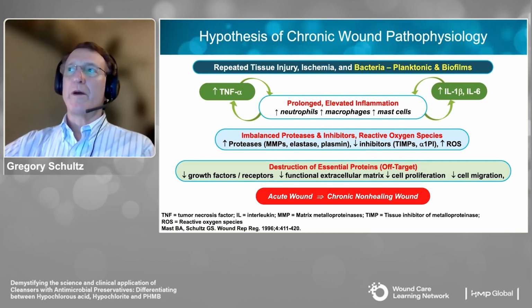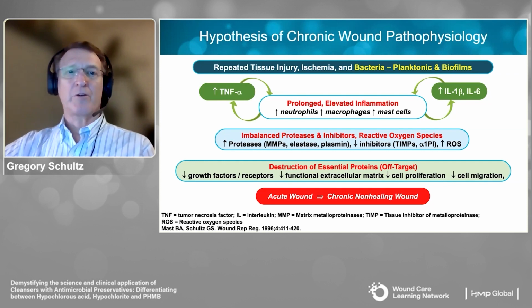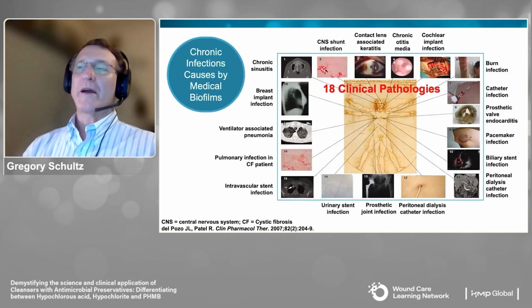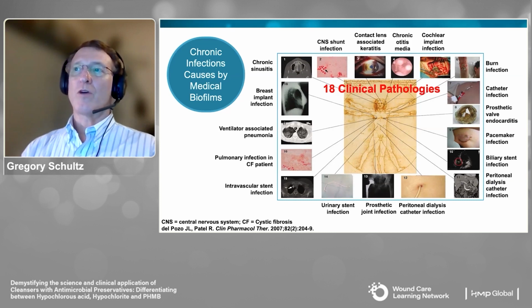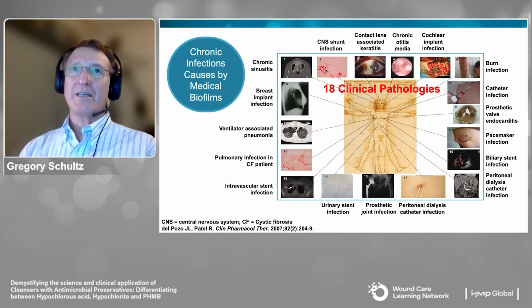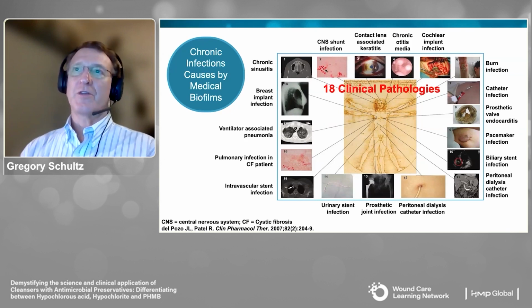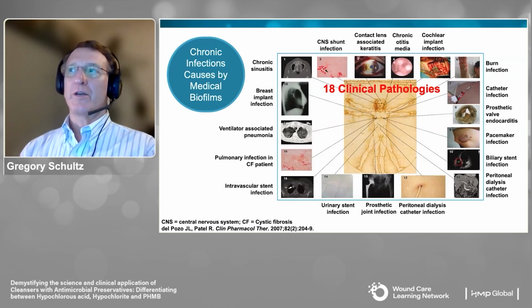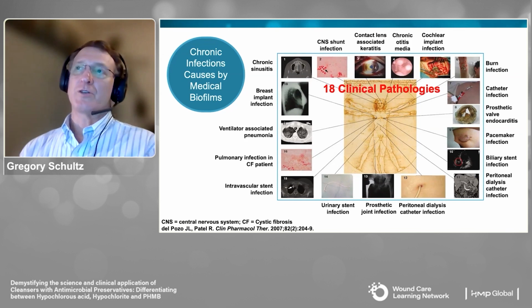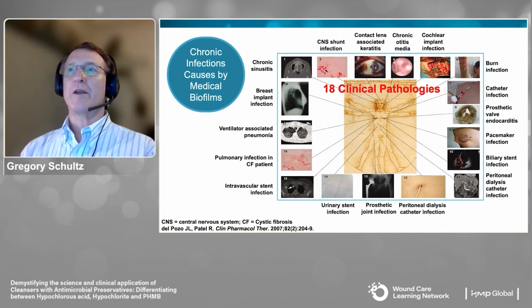And we're going to focus quite a bit on the critical role that we now appreciate that bacterial biofilms play. Well, bacterial biofilms are not unique for chronic wounds. In fact, this excellent review in 2007 by DePozzo and Patel listed 18 clinical pathologies that were associated with and in fact caused many of these chronic inflammatory conditions.